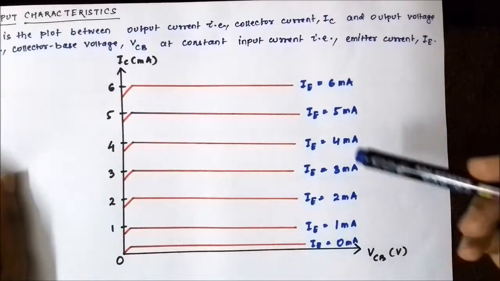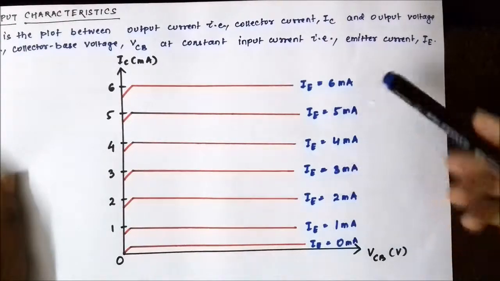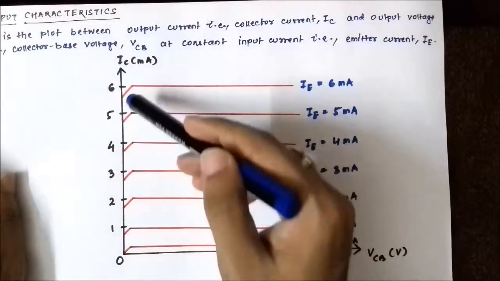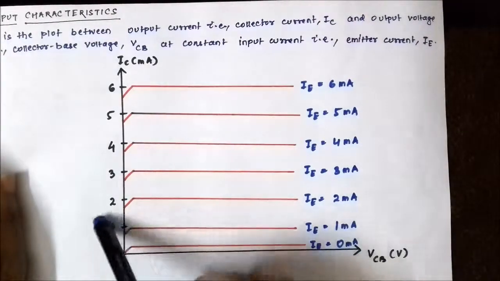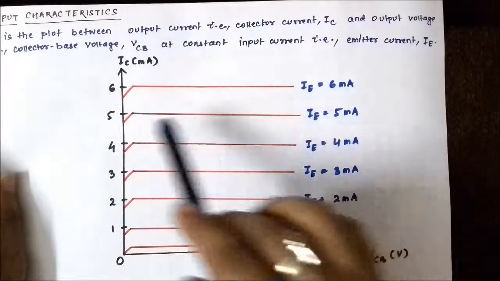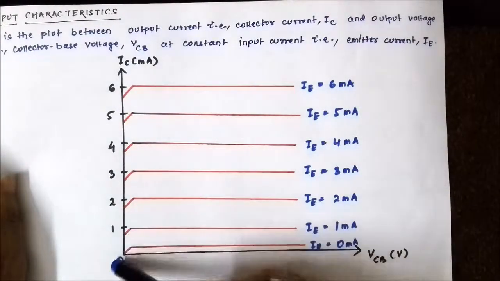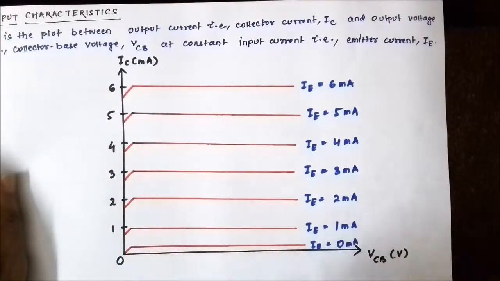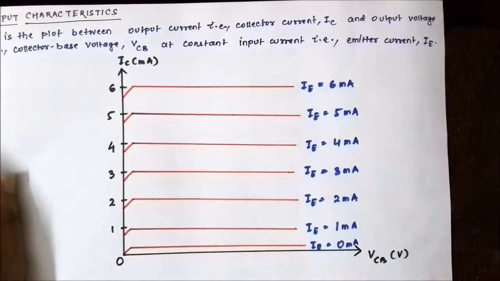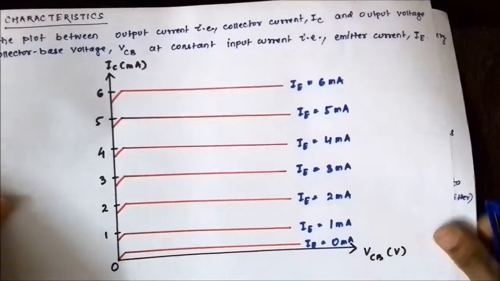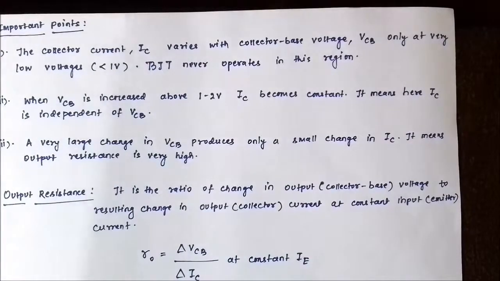As we increase the input current or the emitter current, that constant value of collector current increases, but the trajectory of the output characteristics remains the same. That is, it keeps on increasing for a very small portion of the curve, and then it becomes constant. So this is the output characteristics of the common base mode BJT.